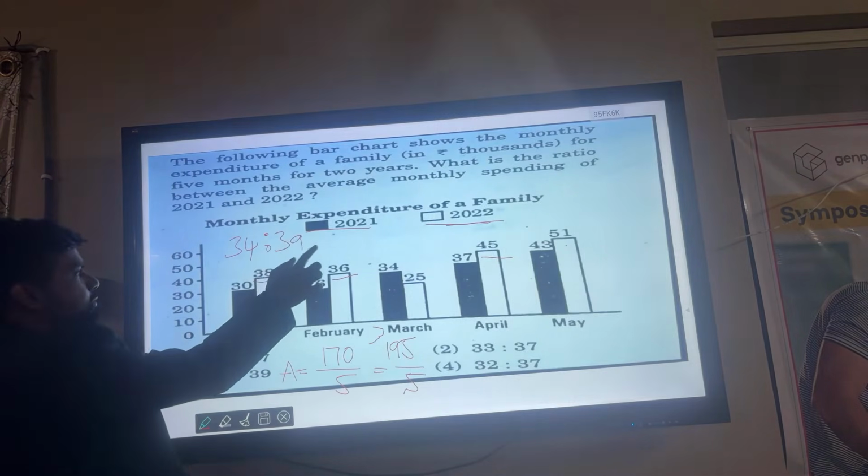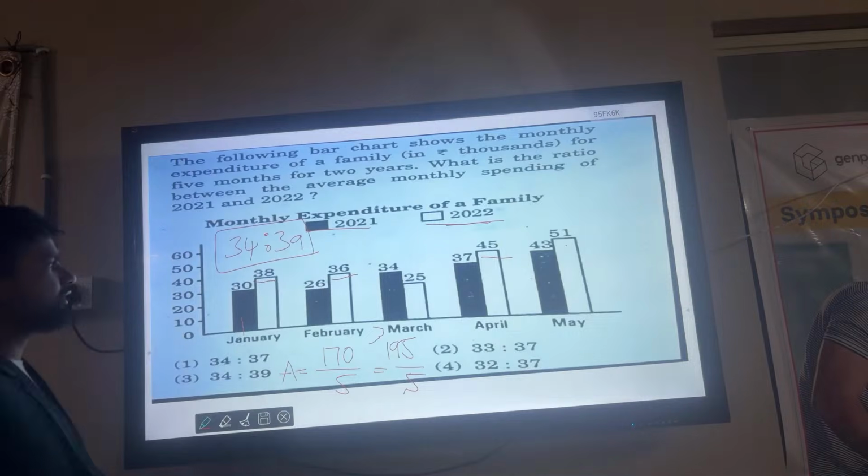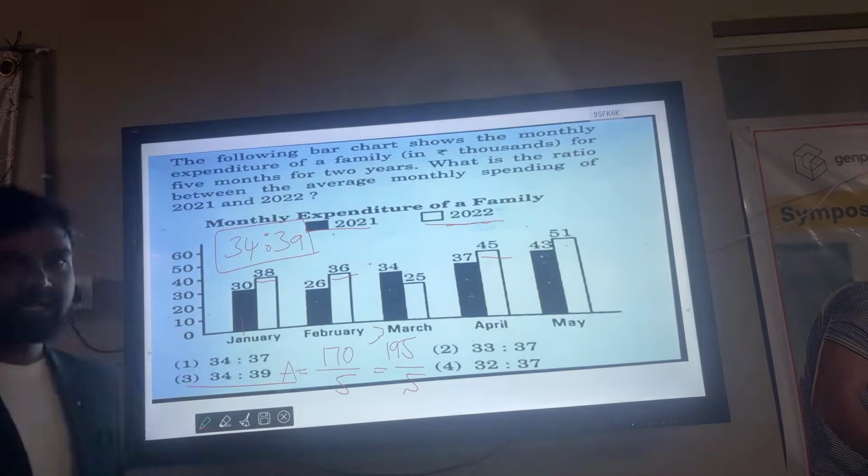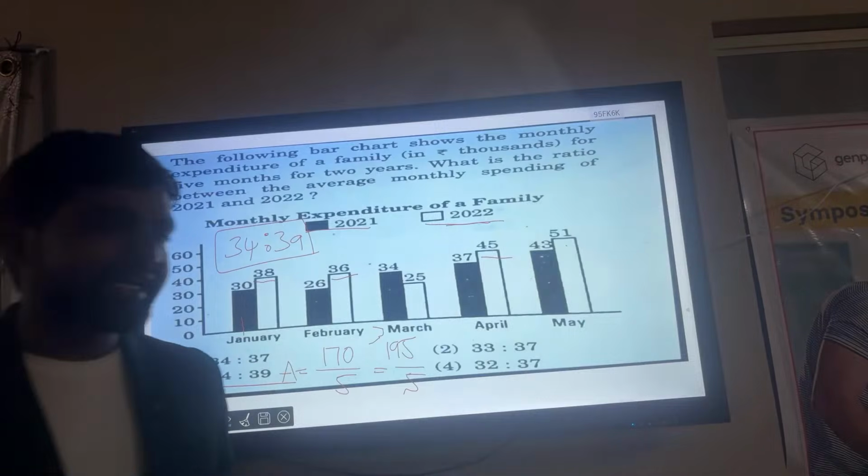So what is the monthly expenditure average ratio? 34 is to 39.